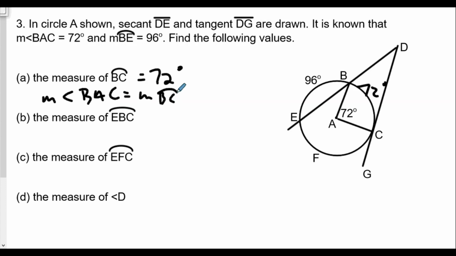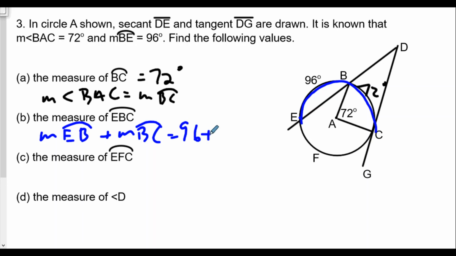That's 72 degrees. Now for the measure of arc EBC. Well, EBC would just be this whole thing here. So that would be the measure of arc EB plus the measure of arc BC, which is 96 plus 72. That's equal to 168 degrees.